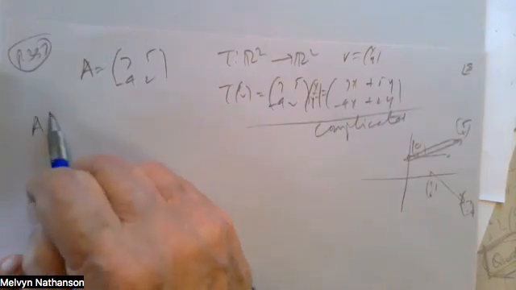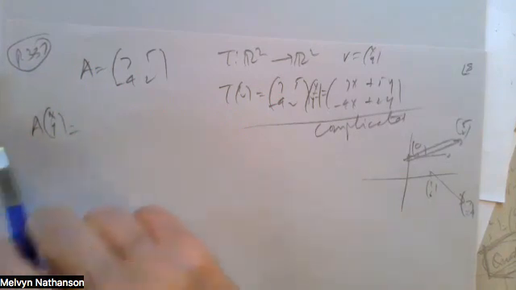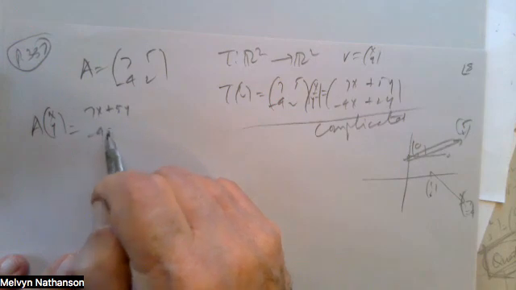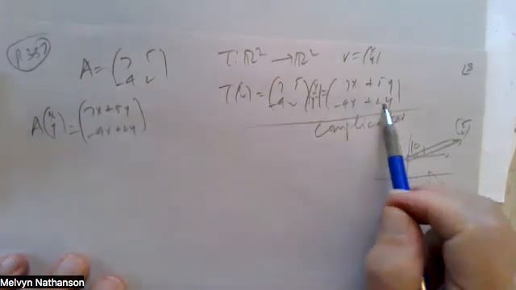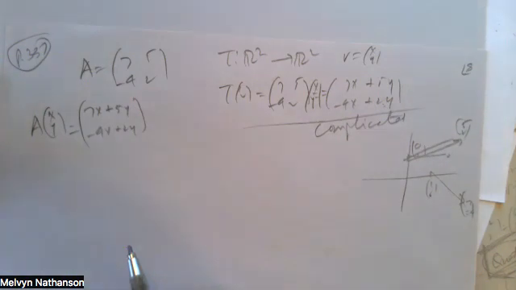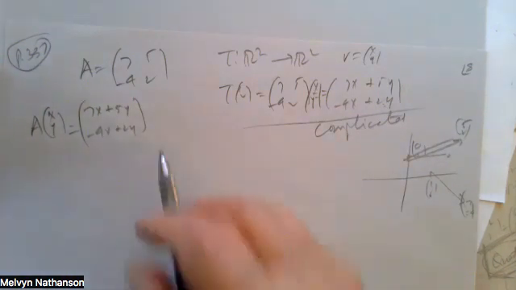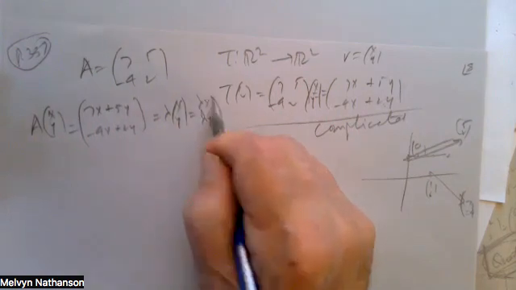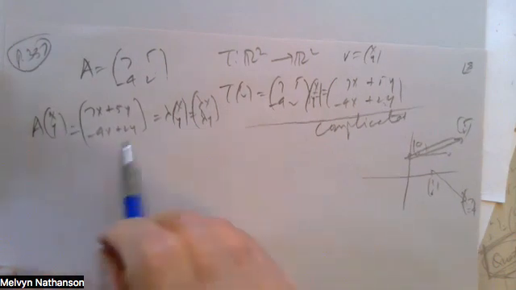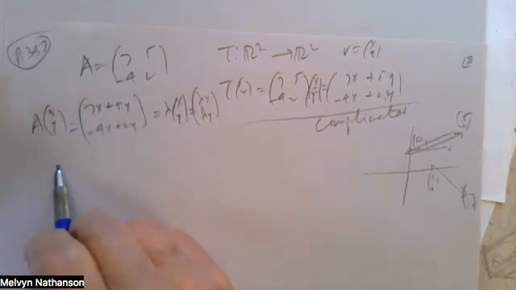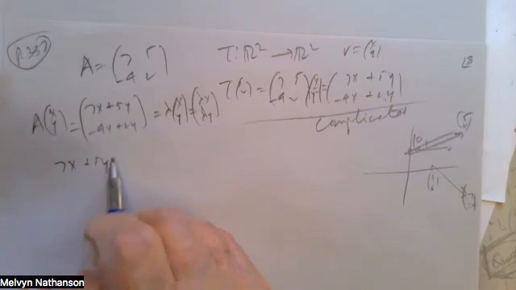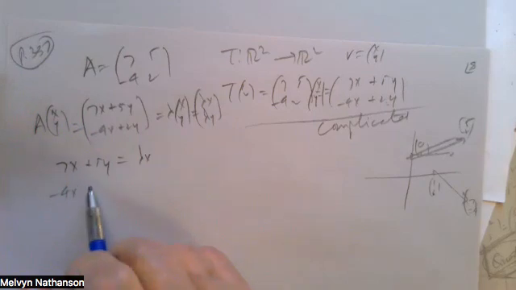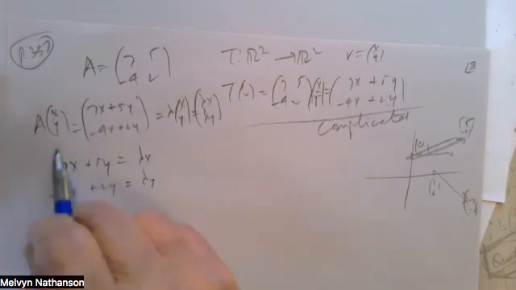So A of x, y is 7x plus 5y, minus 4x plus 2y. That's what I just calculated. That's equal to lambda times x, y, or lambda x, lambda y, if x and y solve this system of linear equations: 7x plus 5y equals lambda x, minus 4x plus 2y equals lambda y.